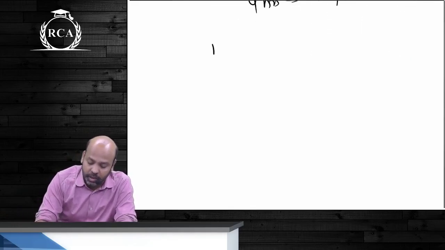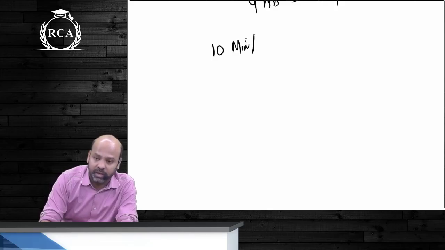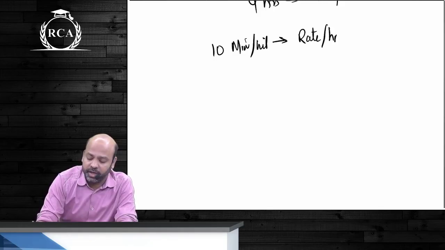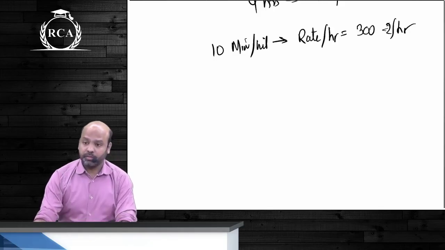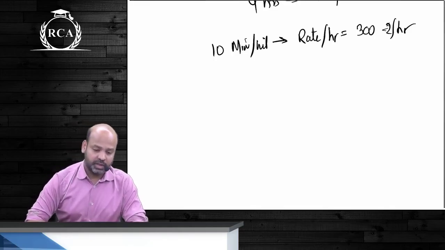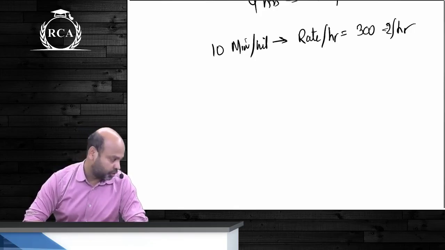What if the time allowed per unit is 10 minutes and the standard wage rate, let him answer, guys, is 300 rupees per hour? For each unit, you should take 10 minutes as per the standards and the wage rate per hour is 300. What should be the rate per unit?